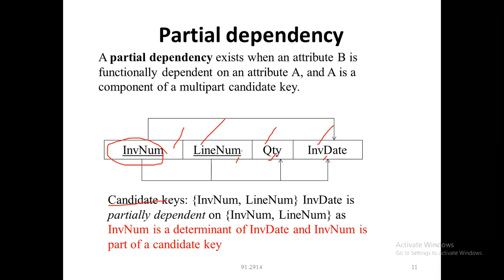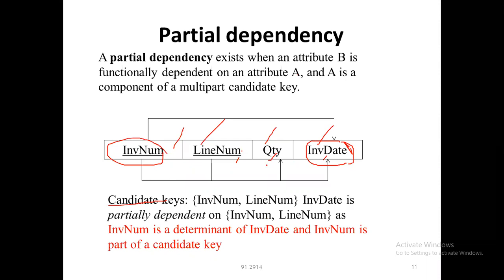Now for this particular key, invoice date is partially dependent on invoice number and line number. So this invoice date depends on what? On line number and invoice number. So it is not completely dependent, it is partially dependent. Whatever is on the LHS, the left hand side, we call a determinant.